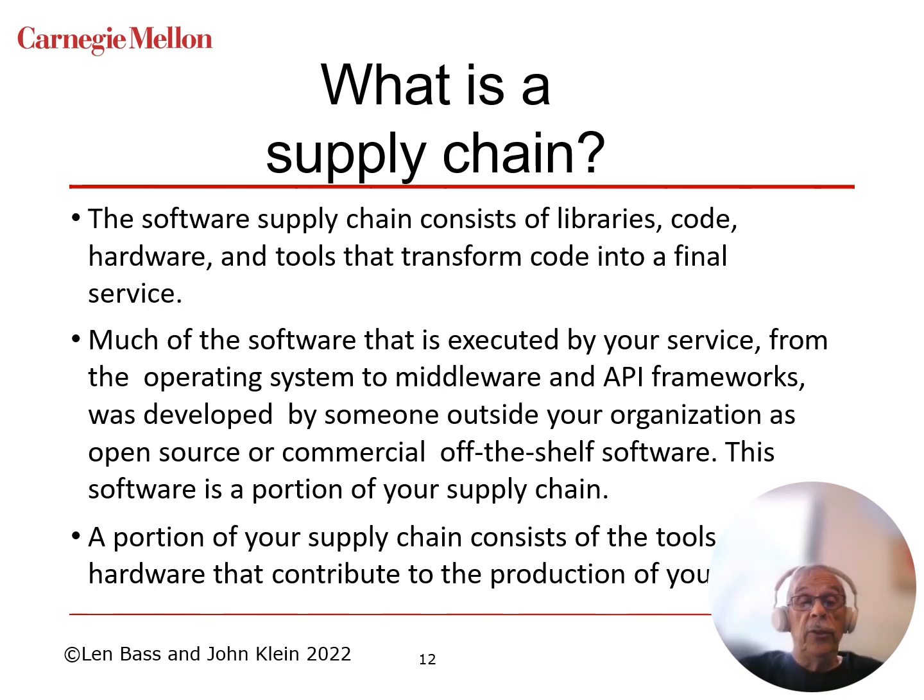The operating system, you take that. The middleware, you take that. API frameworks, you use standard API frameworks. Libraries, you use libraries that you didn't develop. And these are developed as open source or commercial off the shelf. And this software is all a portion of your supply chain.